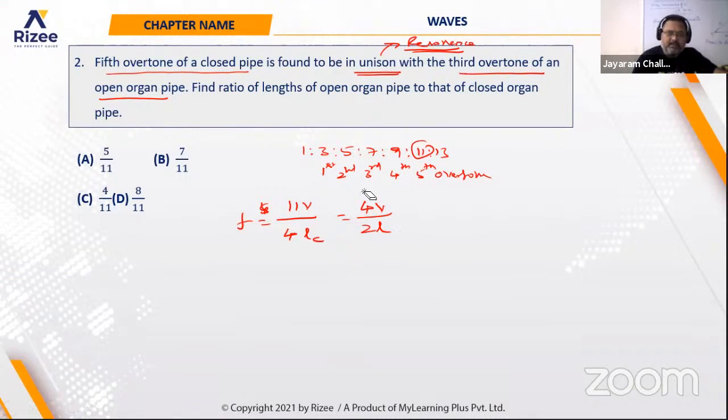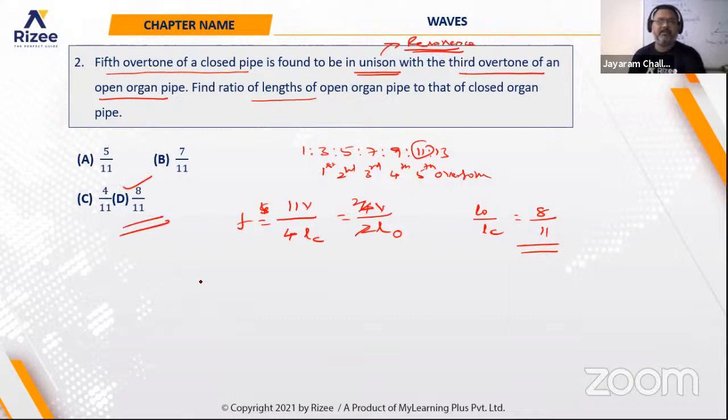So let me erase this one. Great, so this is going to be L naught. Now he is asking for the ratio of the length of the open pipe, that is L naught by LC. So L naught by LC, I'll cancel over here too, is equal to 8 by 11 in the denominator. That means option D is your answer for this one.